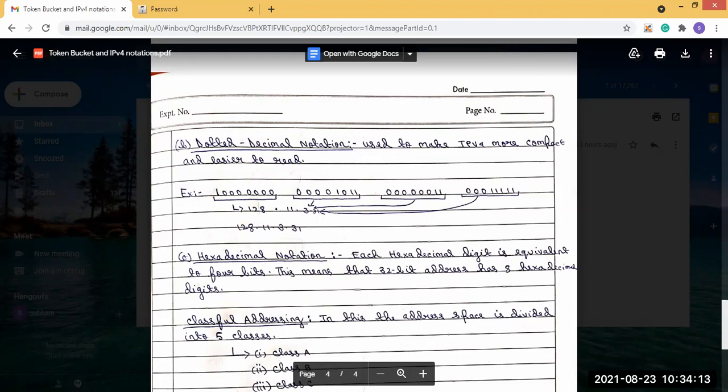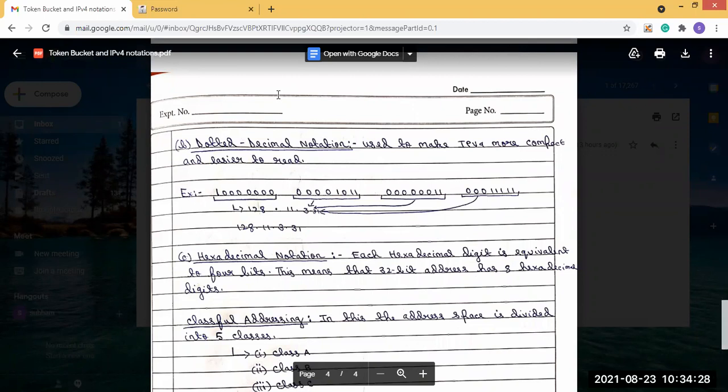That means how we can find in which class an address is present. So this is the basic concept of IPv4.